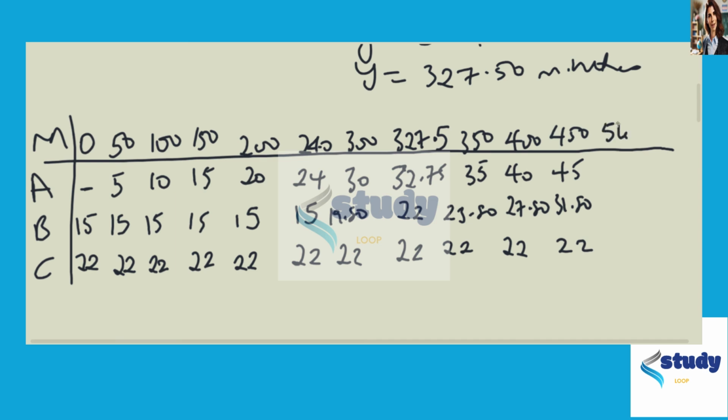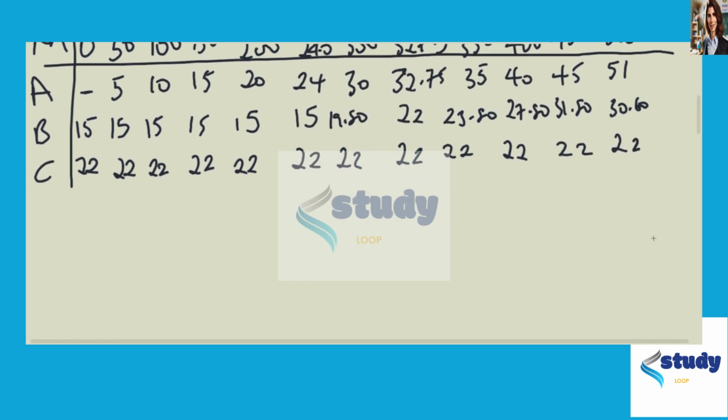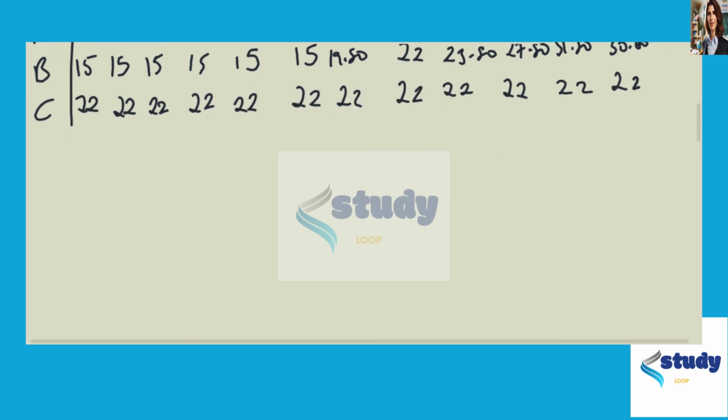And for 510, we're going to have 51, 30.60, and 22. Now for 540, it's just going to keep being the same according to what the question gives us. So this is what the table should look like.